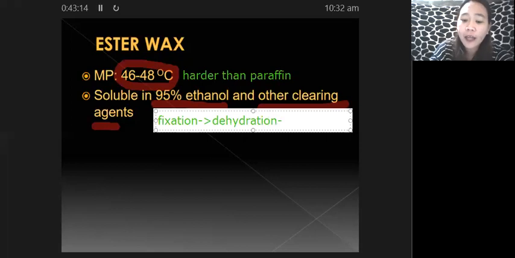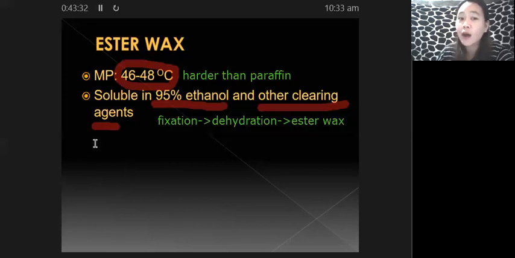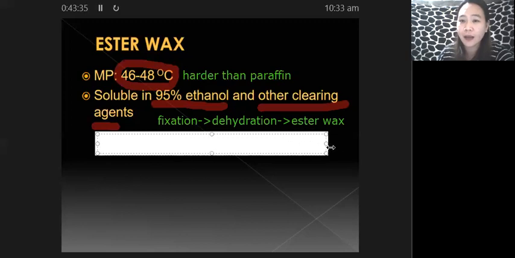After dehydration, you can already proceed to ester wax. You can omit or skip the process of clearing. That's the significance of that. You can omit the process of clearing because it is already compatible.